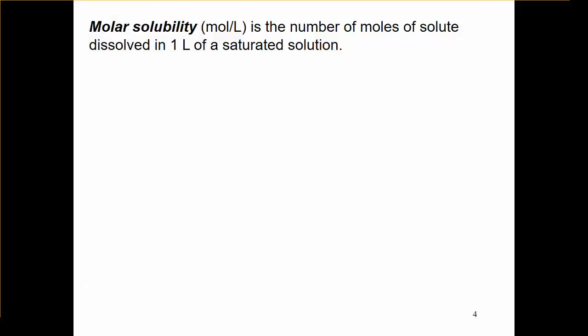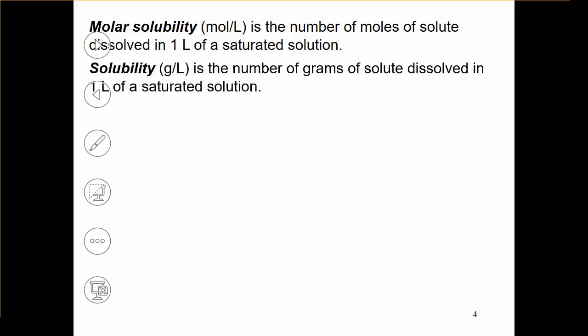Okay? So the molar solubility is described as the number of moles of solute dissolved in 1 liter. So we can describe it in molar solubilities or even in gram solubilities. Gram per liter is the number of grams of solute dissolved in a liter.